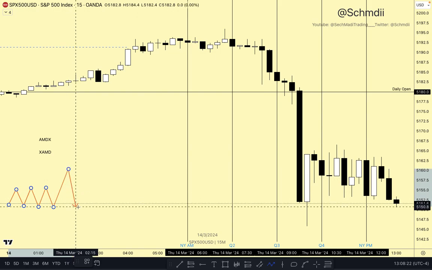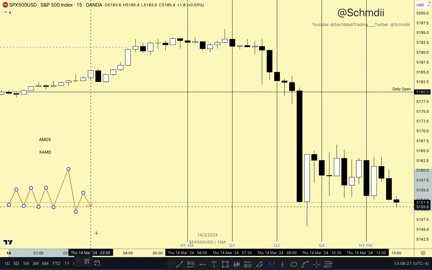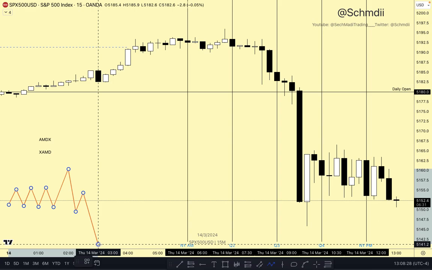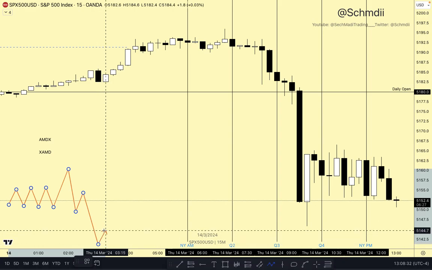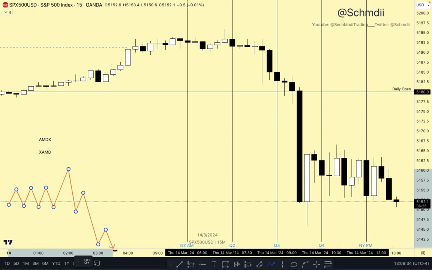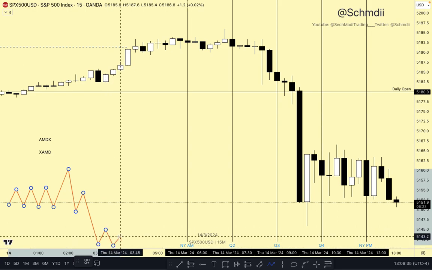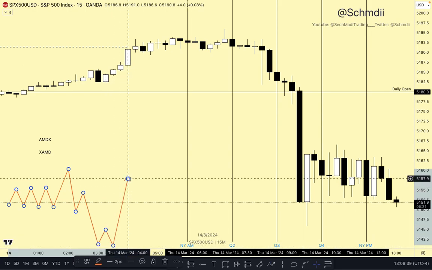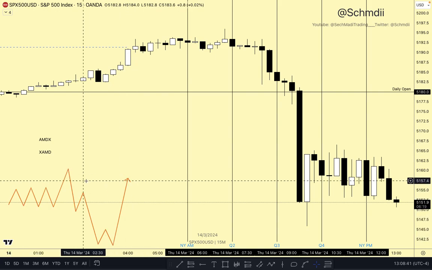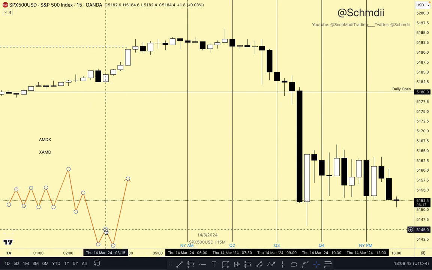And then in Q3 is where we get our distribution, right? And then in Q4, we'll either get the continuation or a reversal of the previous phase, which is phase 3 or quarter 3.